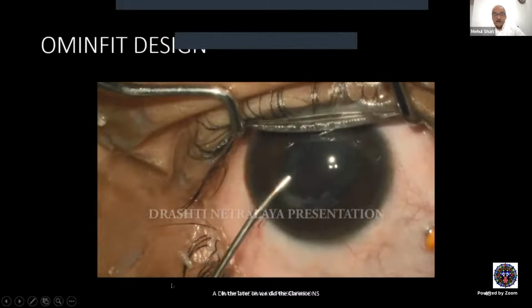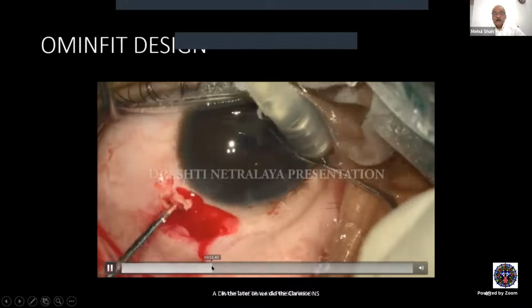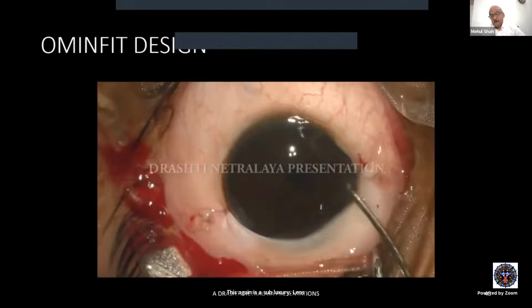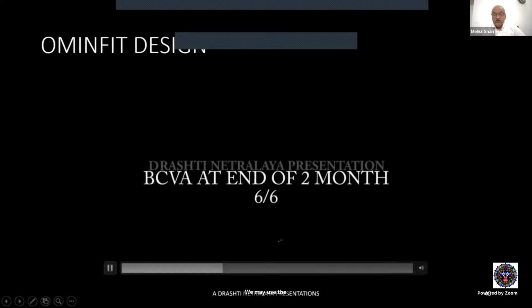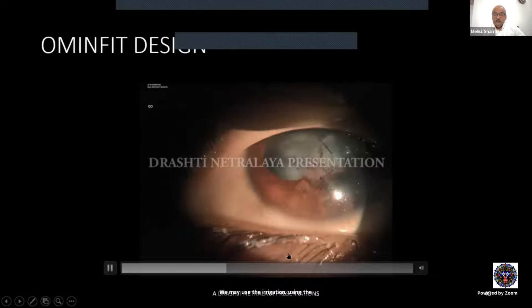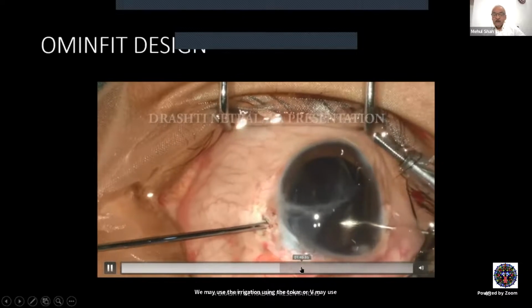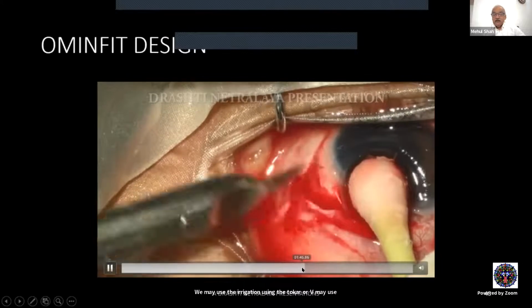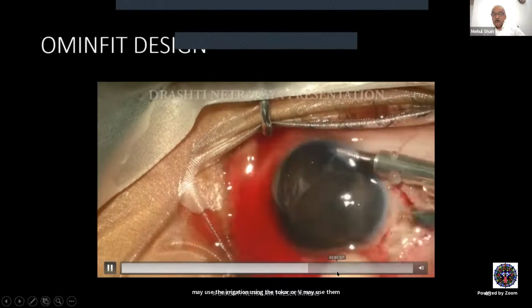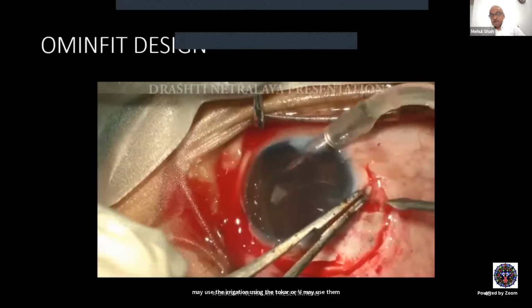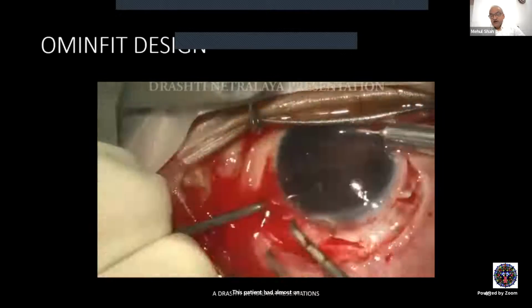This again is a subluxated lens. And we may use the irrigation using the trocar, or we may use the other option. This patient had almost aniridia with very disfigured sclera.